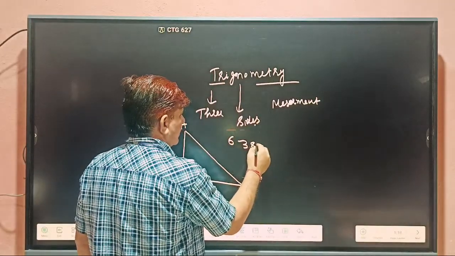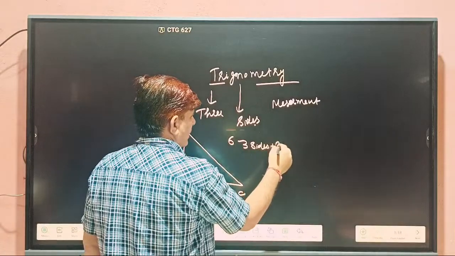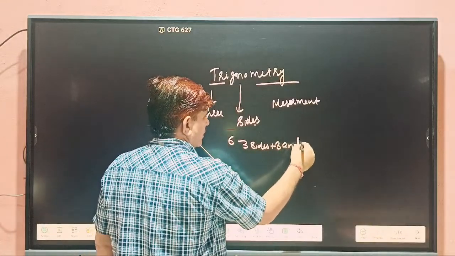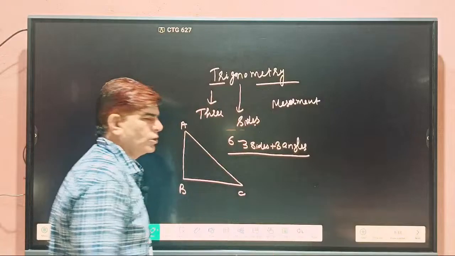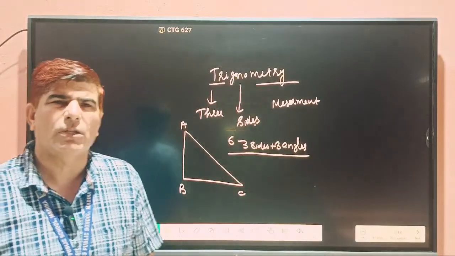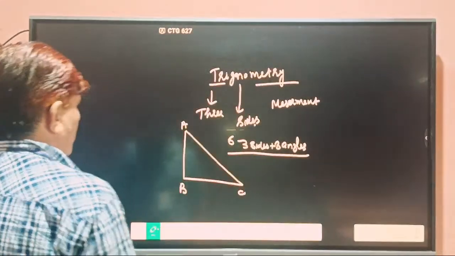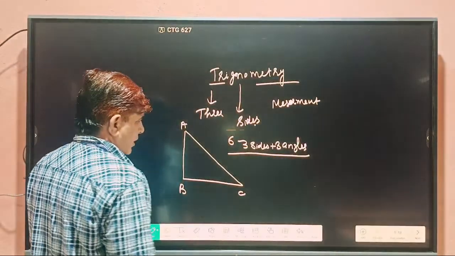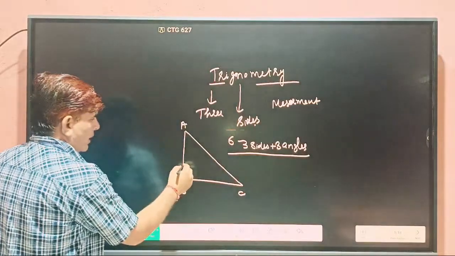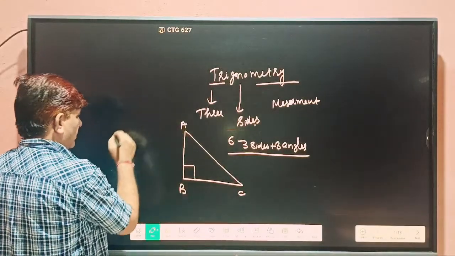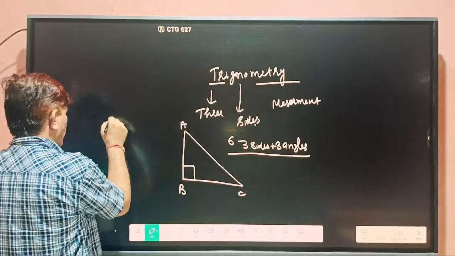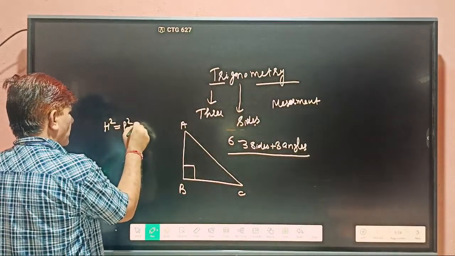3 sides plus 3 angles. So in this chapter we will discuss the sides and their angles. One thing I want to tell you, this you also know: if we have a right angle triangle, then hypotenuse square is equal to perpendicular square plus base square.